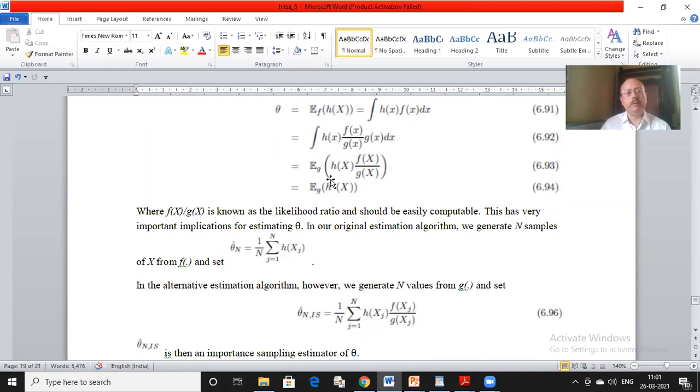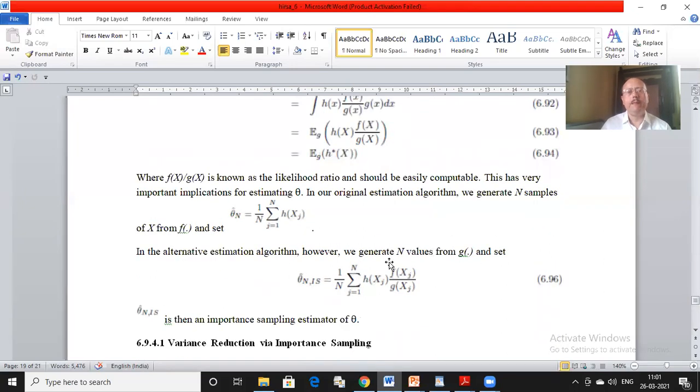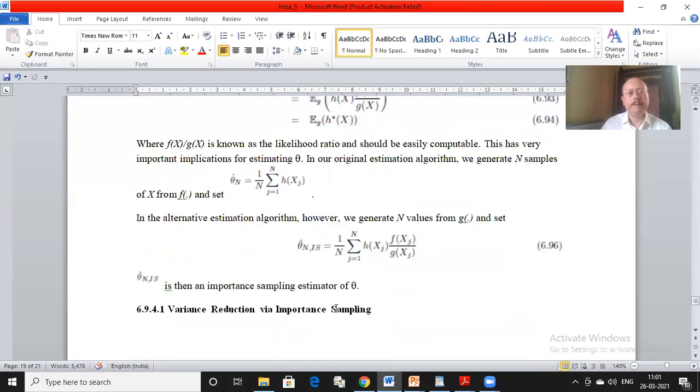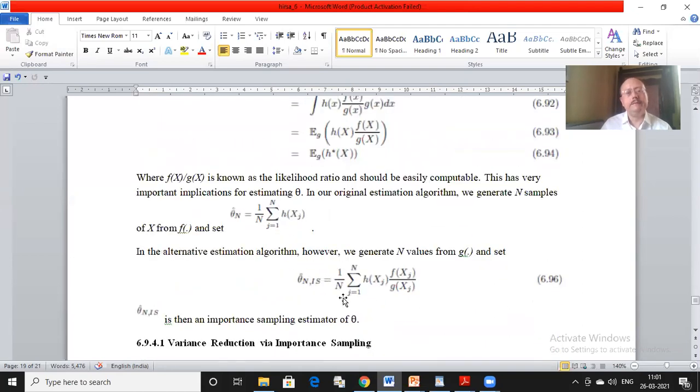In the alternative algorithm, where I am using g, we generate capital N values from g, because g is the probability under which I am calculating my expectation. And we set theta hat N IS, IS for importance sampling, as the arithmetic mean of the modified function h times f by g. Then theta hat N IS is our importance sampling estimate.